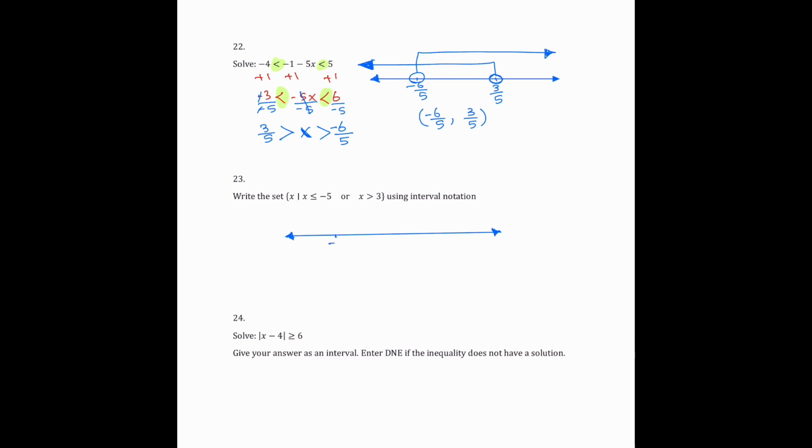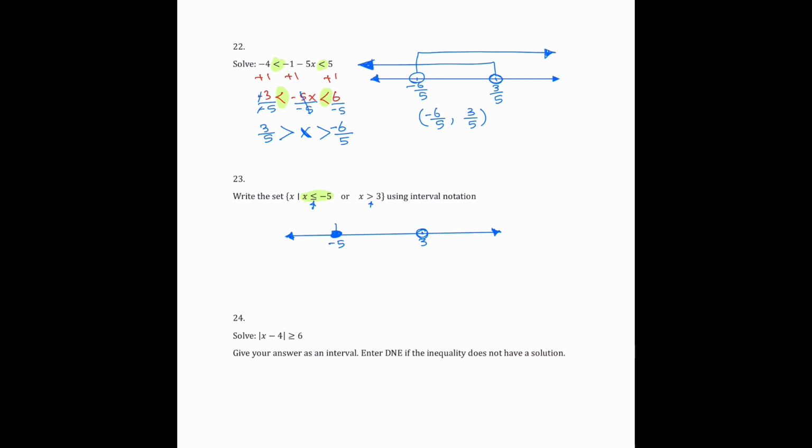I will put -5 first because it's the smaller of the two numbers, and then the 3 has to be to the right. 5 is included because the inequality here has an equal sign, and 3 is excluded because it doesn't have an equal sign.